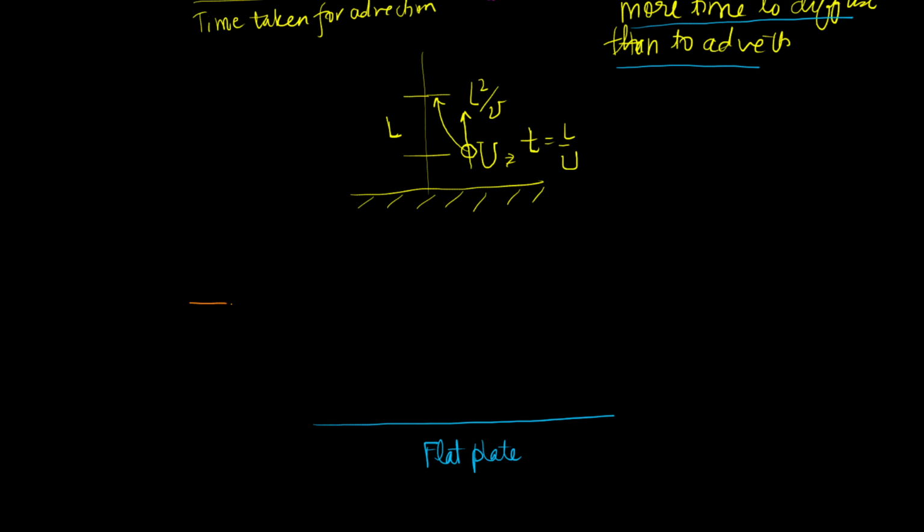So consider an incoming stream like this. The presence of the flat plate means that the velocity at the plate is going to be zero. This is called the leading edge, and this is the trailing edge.